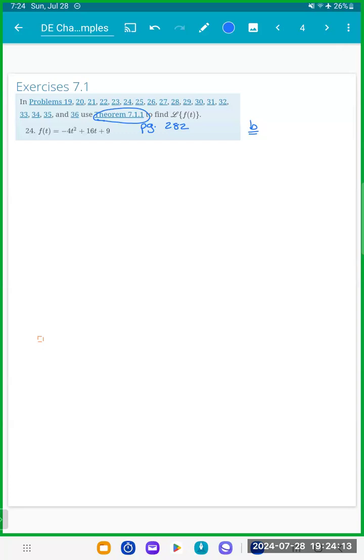And so we have that our Laplace transform of negative 4t squared plus 16t plus 9, that's our function. And so using rule B off of this theorem, we would get 8 over s cubed plus 16 over s squared plus 9 over s.